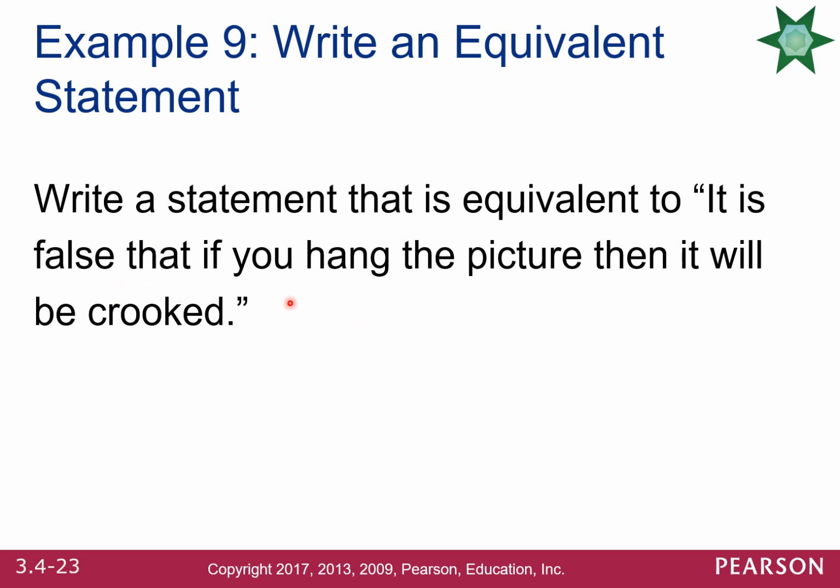So the first step is to break it up and write it as two simple statements and represent them with P and Q, all right? So we have two simple statements here. One we'll call P, which is you hang the picture.